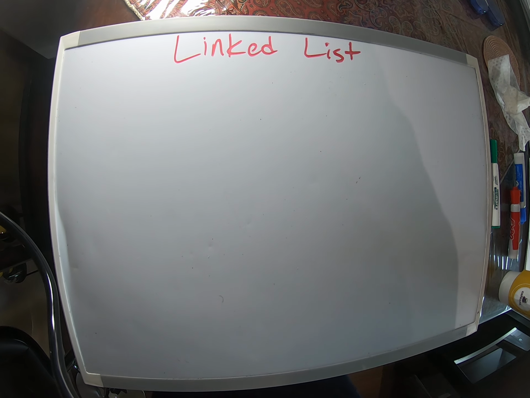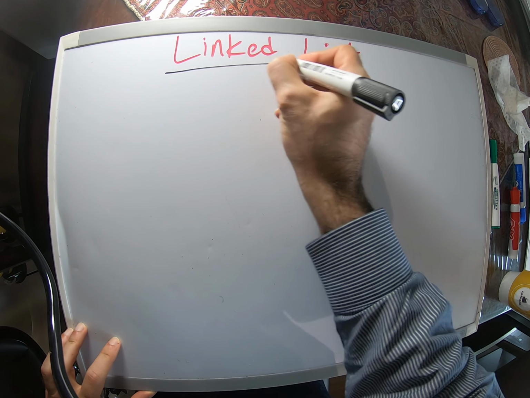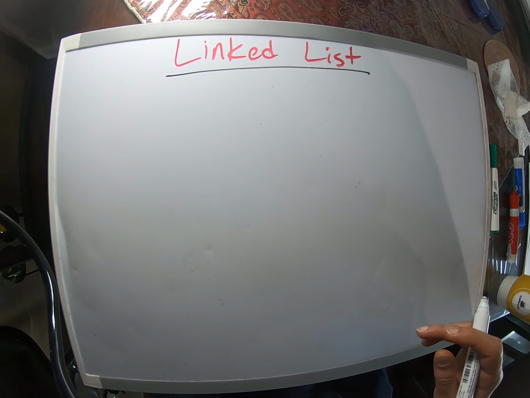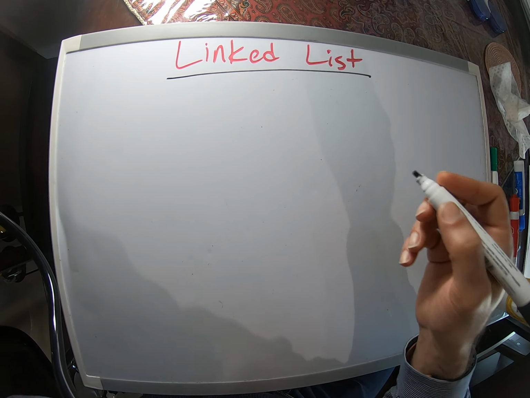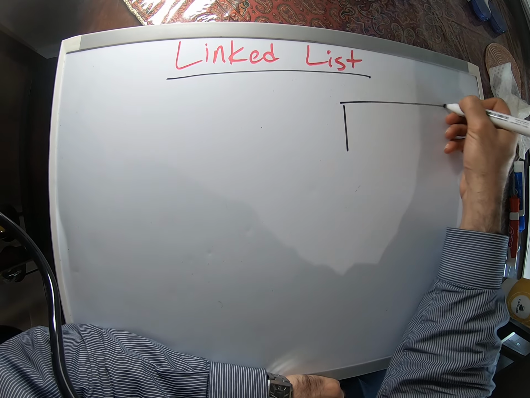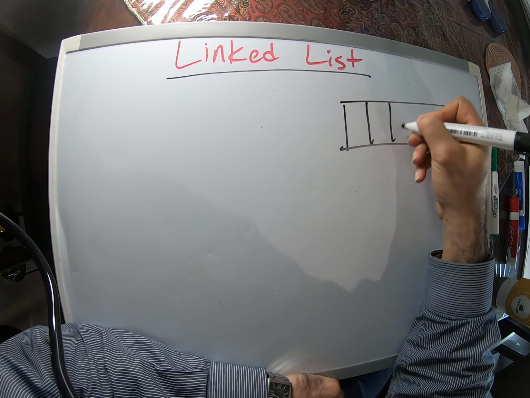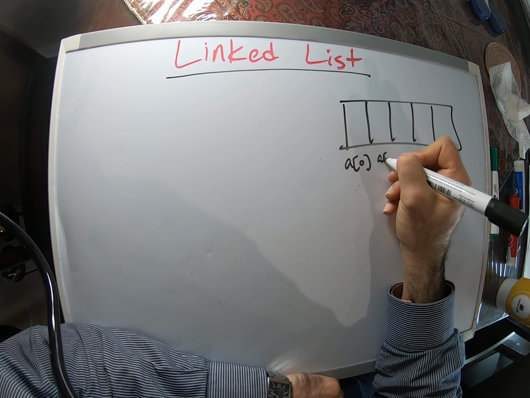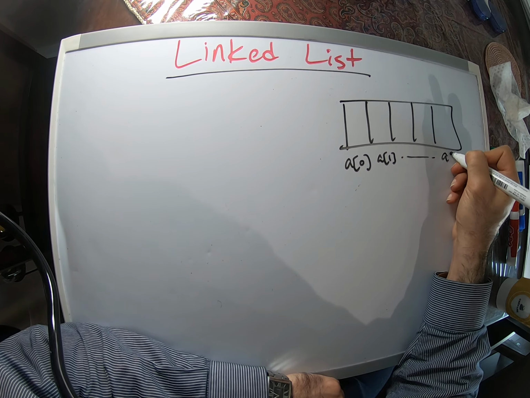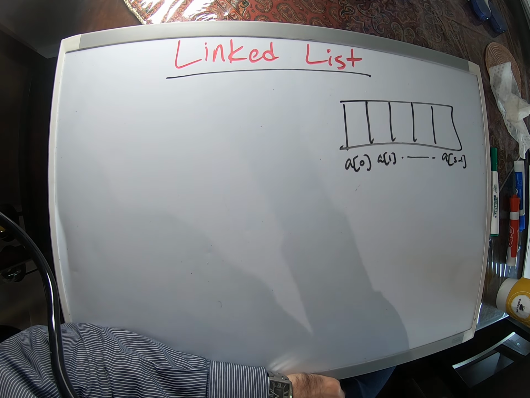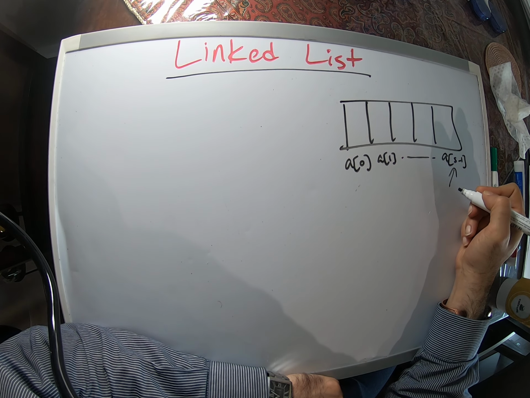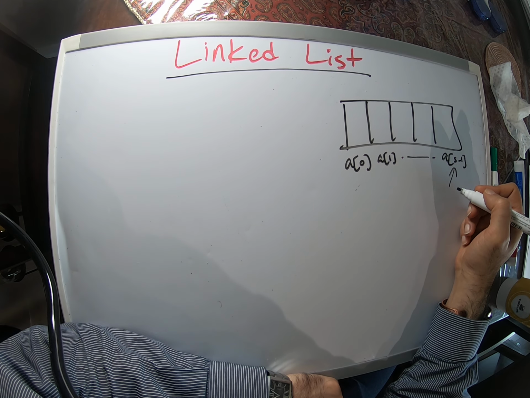Good morning. So I'm just going to continue with the topic of linked list. As you remember from last time, we saw arrays before, and one of the problems with arrays is that, first of all, we need to know the size, and the size is fixed.